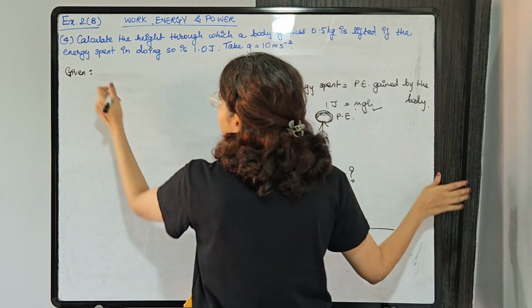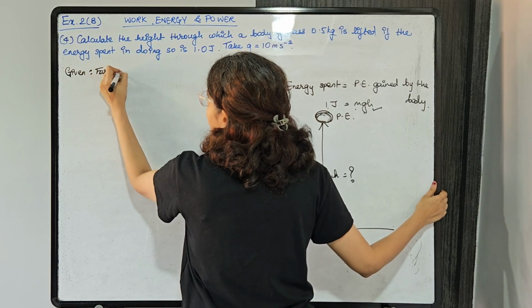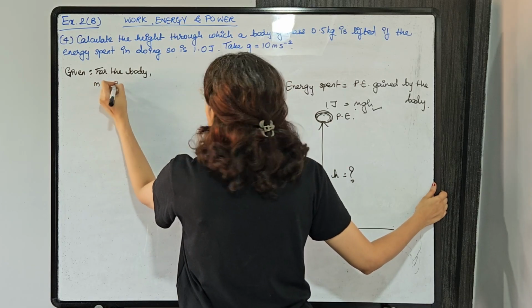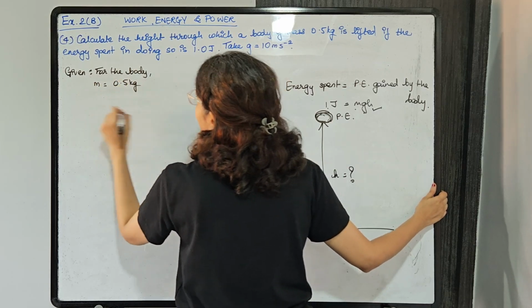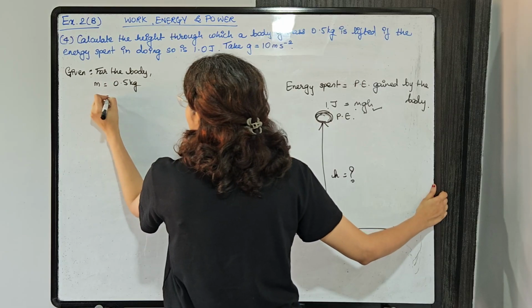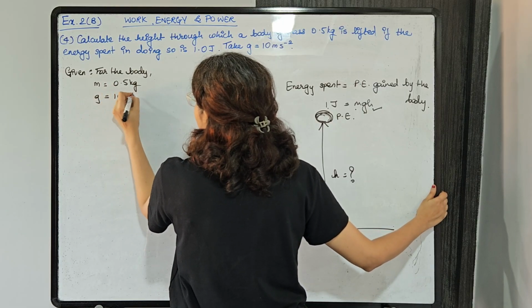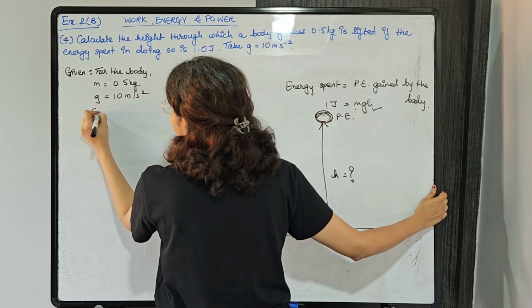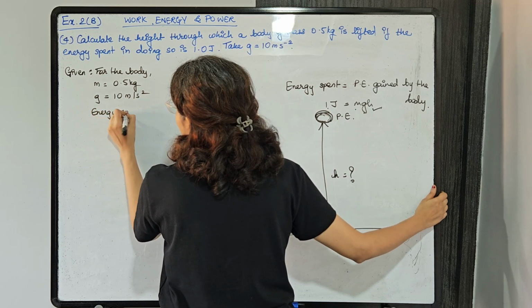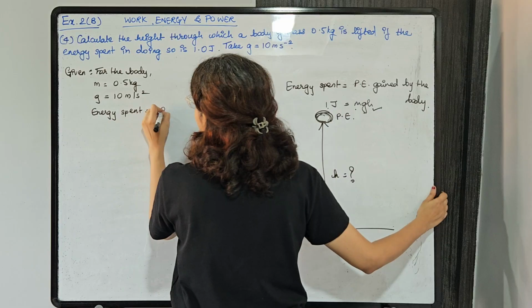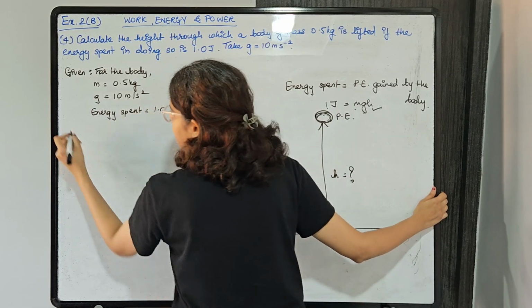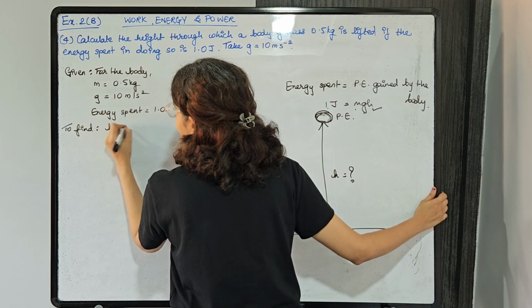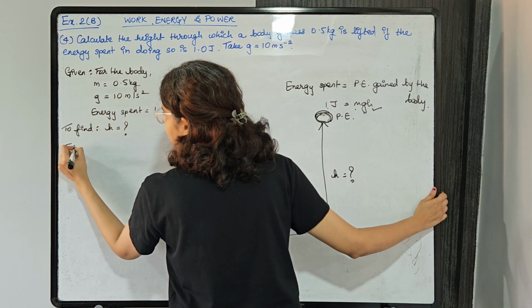For the body, m is 0.5 kg, g is 10 meter per square second, and energy spent is 1.0 joule.